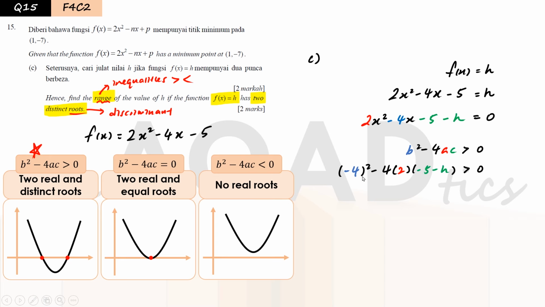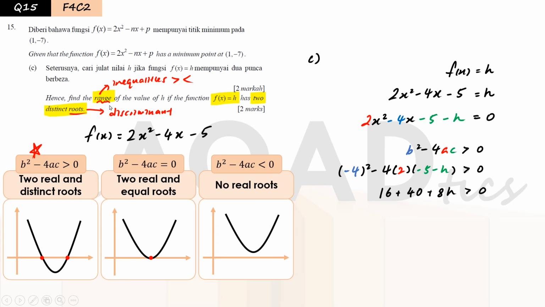Right, so if we simplify the left side of this inequality, here will be 16, and here, which is actually negative 4 times 2, which is negative 8. Negative 8 multiplied with the things inside here, so it would be positive 40, positive 8h.